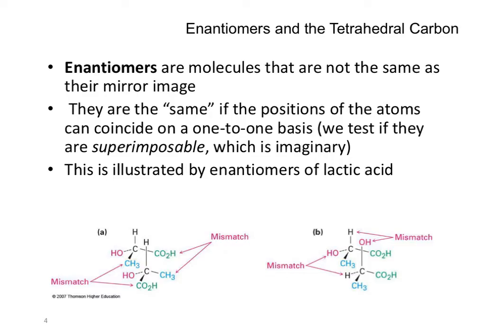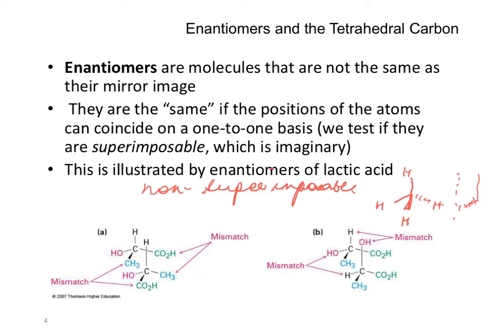So over here, I'm showing you the meaning of non-superimposable. If you had a carbon which had perhaps all four bonds going to hydrogen, and you took a mirror image of that, notice that if I were to lift this and put it on top of the other, there's going to be a complete match.